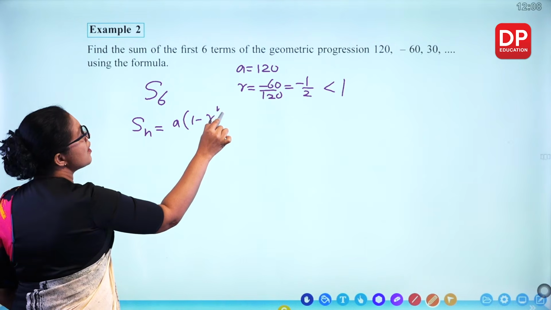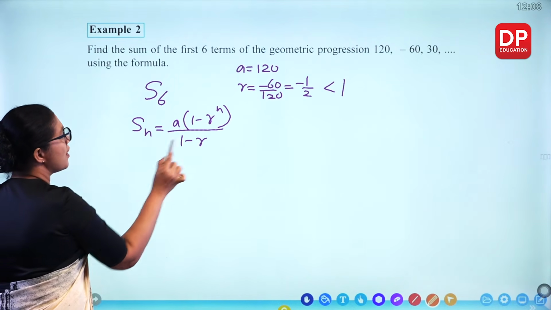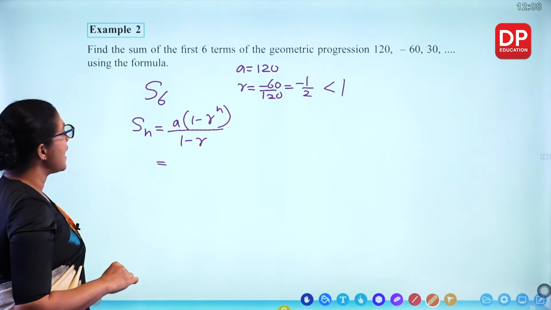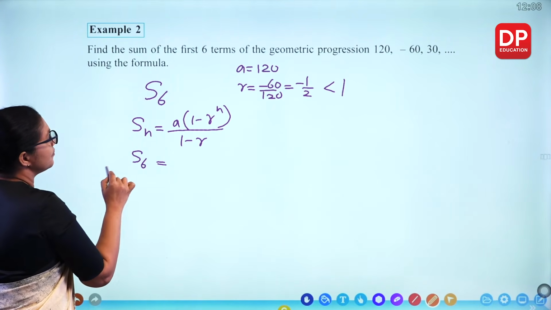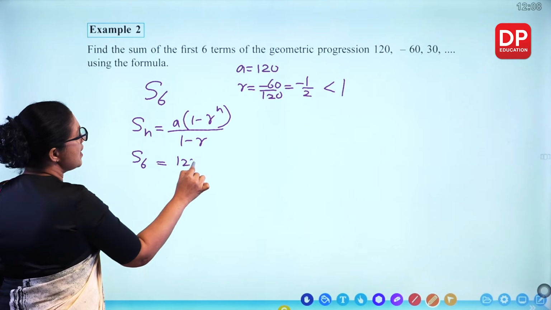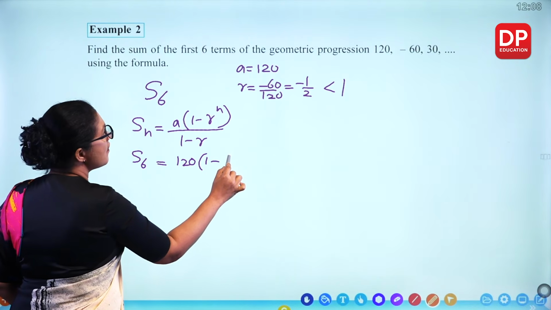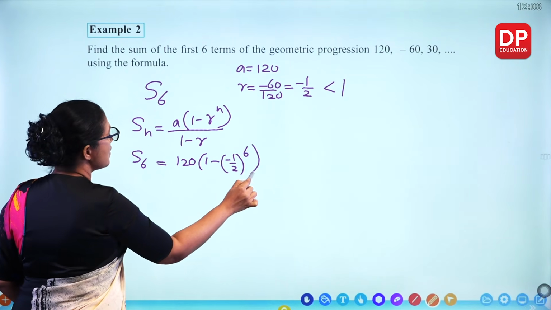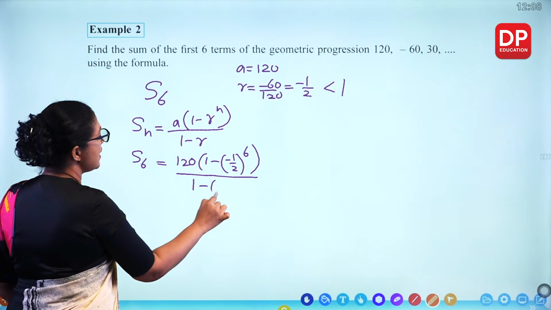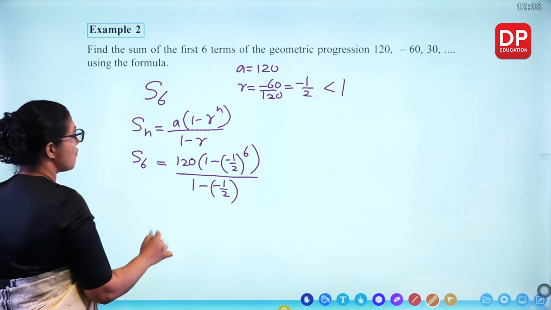Sn equals a times 1 minus r to the power n over 1 minus r. S6 we need. a is 120. r is minus half, to the power 6, over 1 minus (minus half).